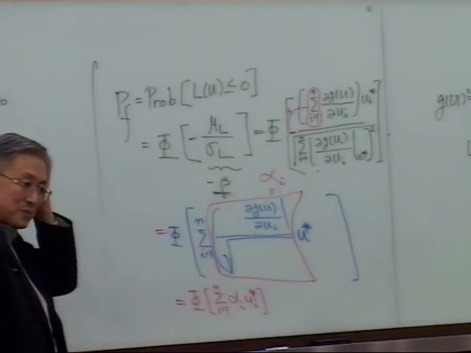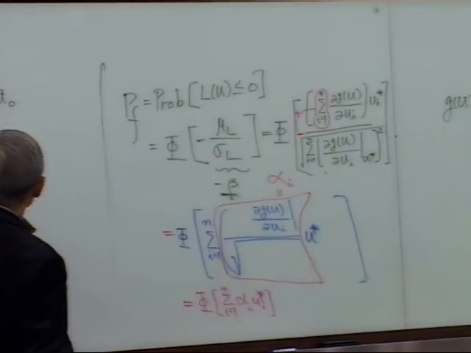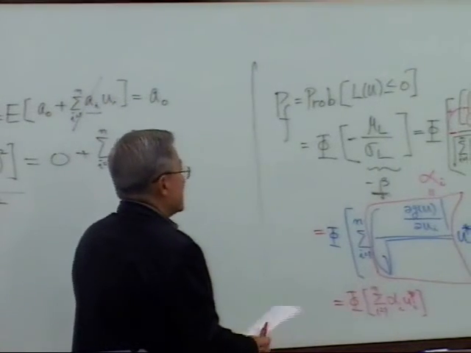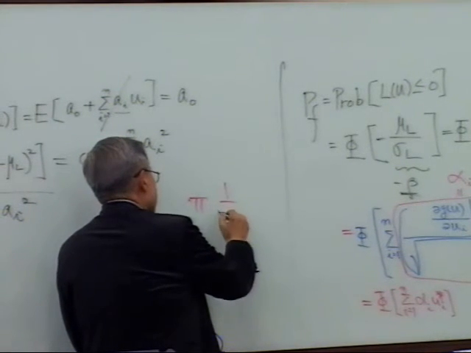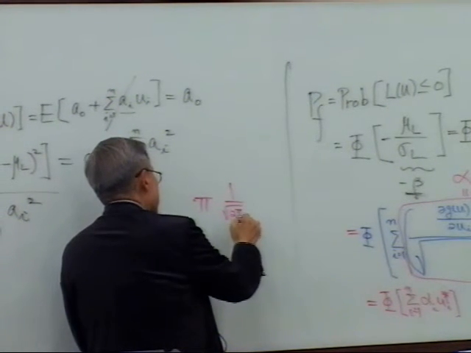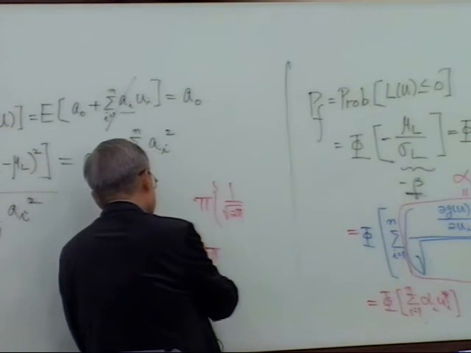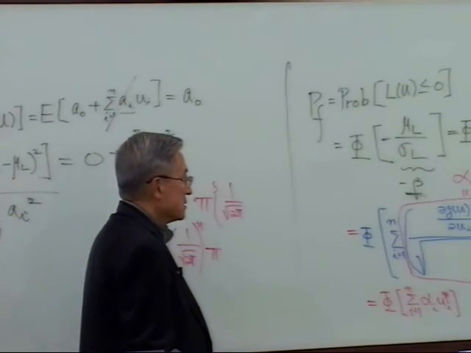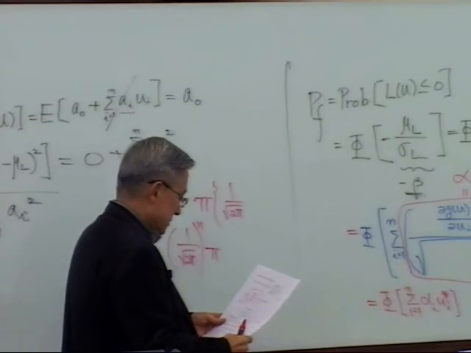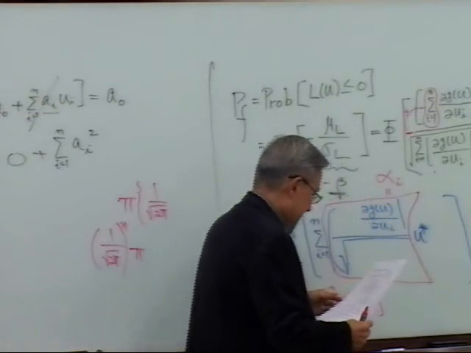I want you to reconfirm in your book, Du's book, that it is all correct, except that you have to be careful on the pi and the square root of 2 pi. I put everything in the parentheses. If you want to take it outside, then I want to make sure this is to the power n. Otherwise, your calculation will be all different. Alpha I is all that.